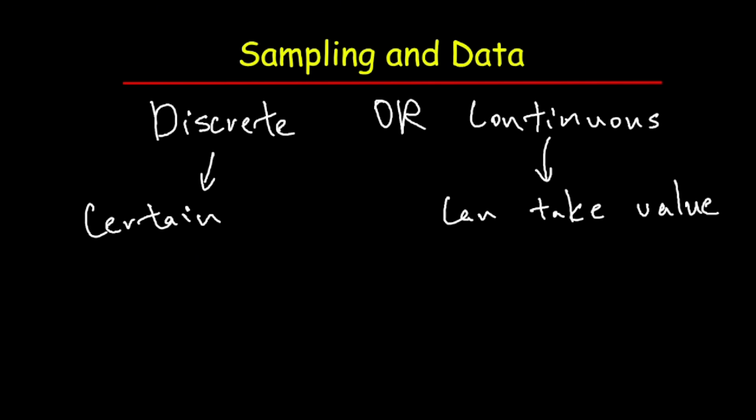But on the other hand, even though maybe your thermometer can only handle digits out to the 100th, realistically that temperature can be any value, even if your thermometer can't measure the exact value properly. But still, that value can take on any value, so therefore that data is considered continuous.